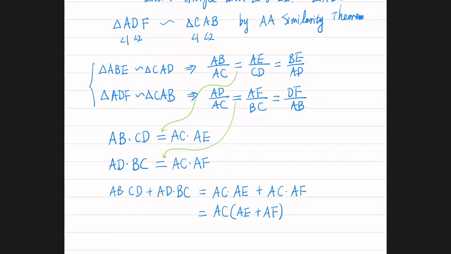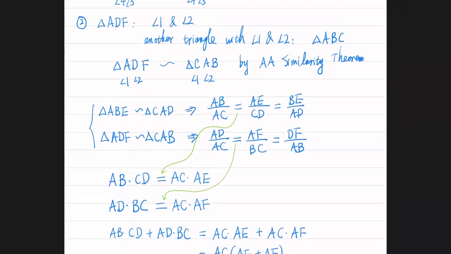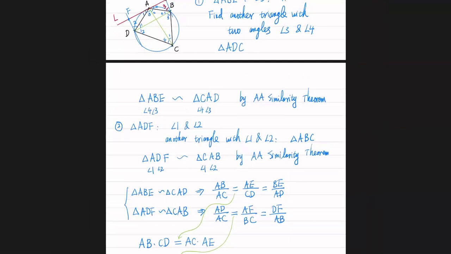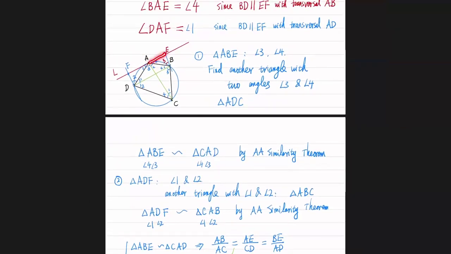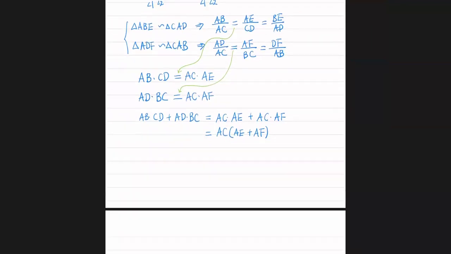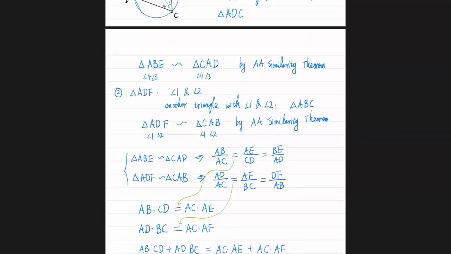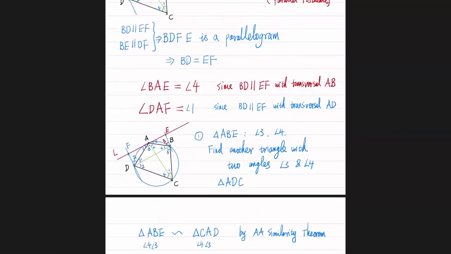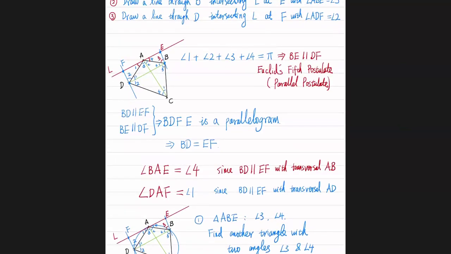What's AE plus AF? Go back to our figure. This is just EF. But what is EF? Because this is a parallelogram, EF is BD.